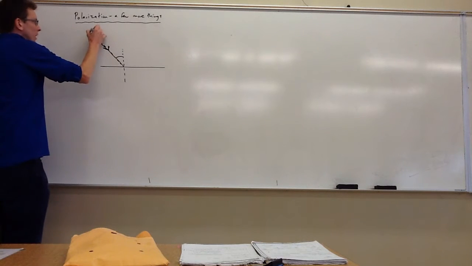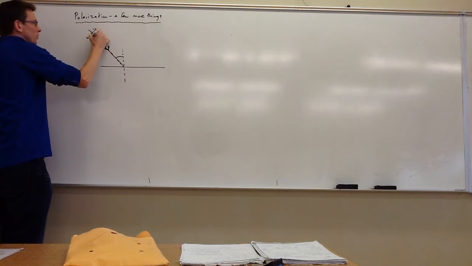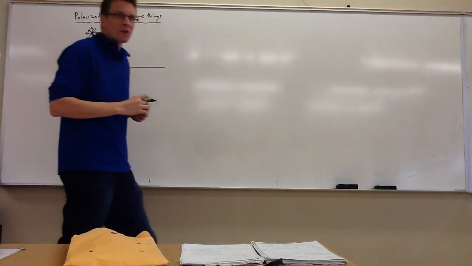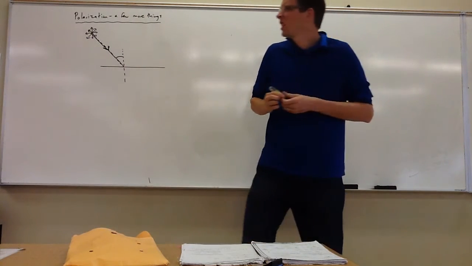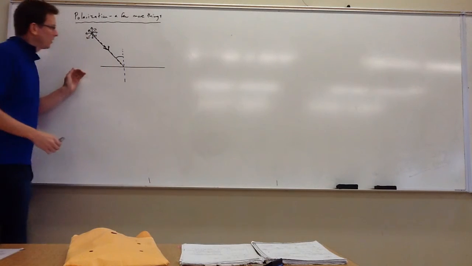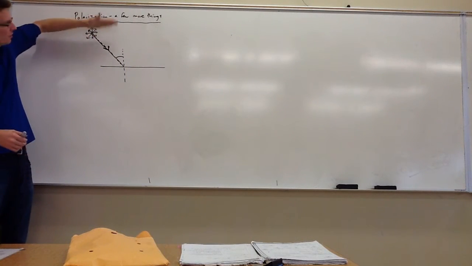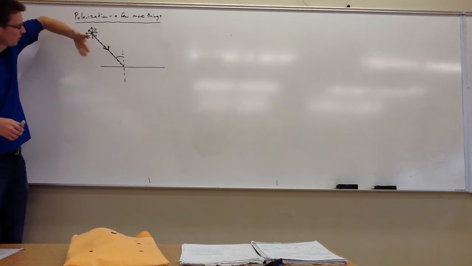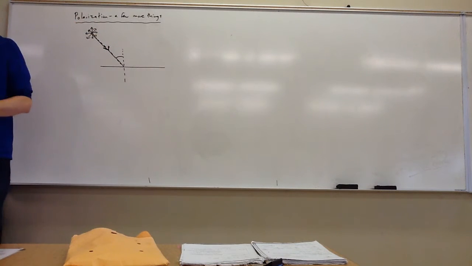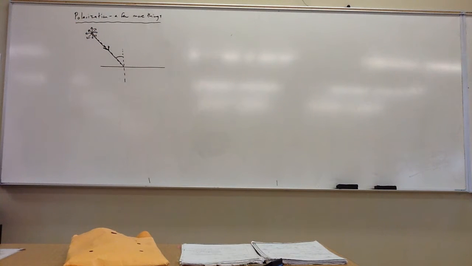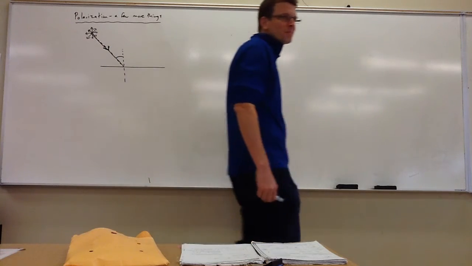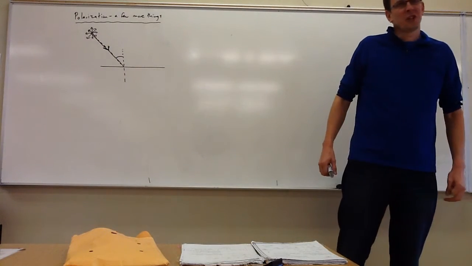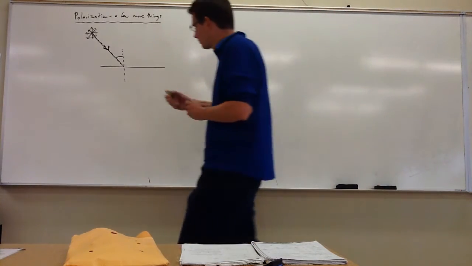And let me suppose that I have unpolarized light. So unpolarized light coming from the sun, that of course wiggles in all directions. So when I draw this, it means that some of the light comes in like this, some of the light comes in like this, some of it's diagonal. There's a little bit of everything in equal amounts. But it turns out that when light reflects off a surface, not all polarizations survive equally.